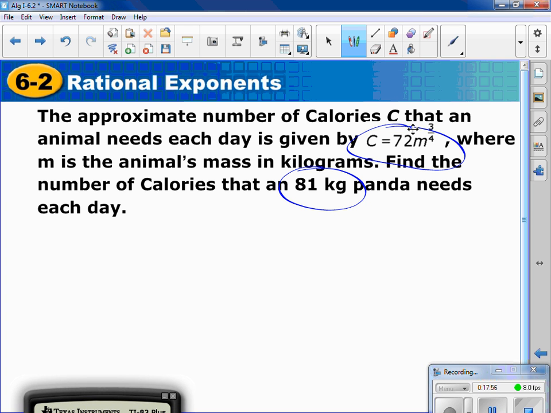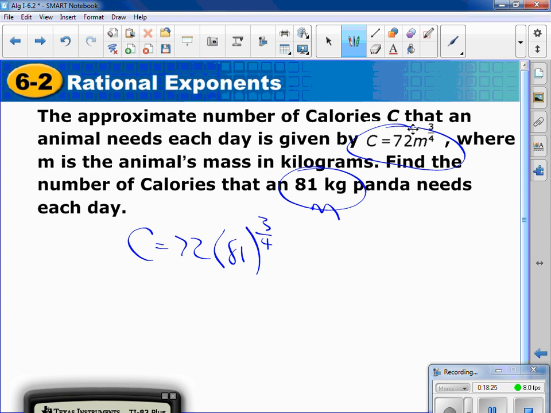What does that 81 stand for? In this problem, there's either a C or an M. It's got to be one of those two. It is your C. No, it's your M. C equals 72 times 81 to the 3/4. This really means the 4th root of 81 cubed, correct?